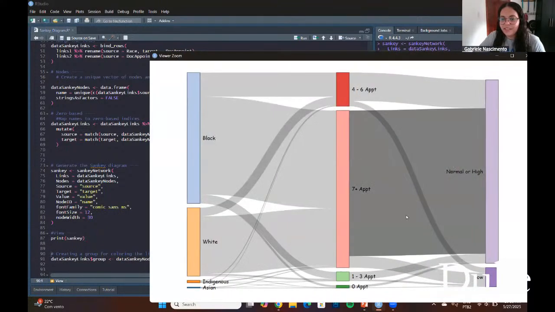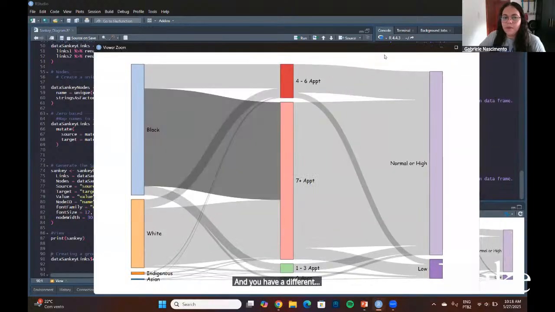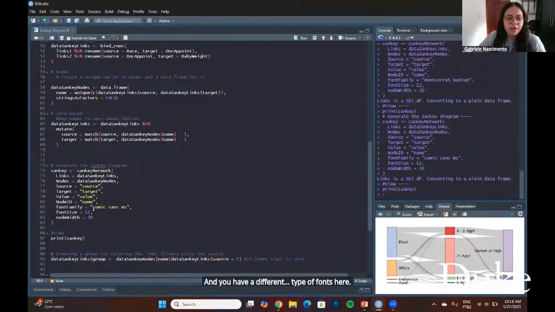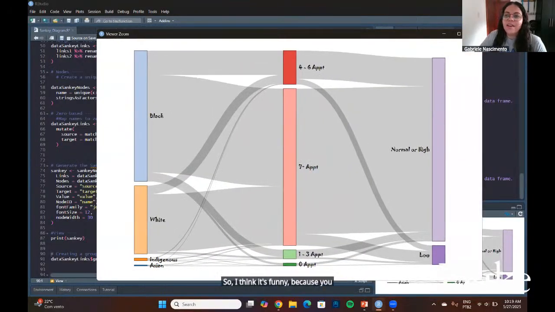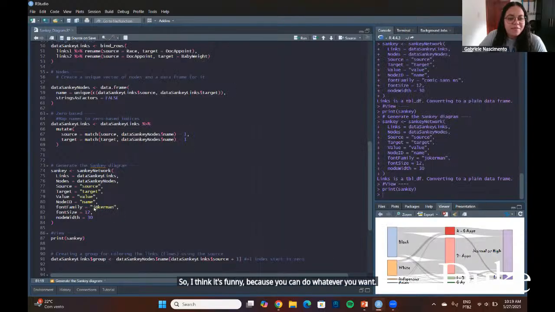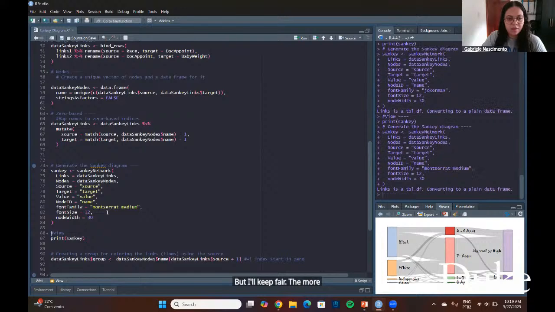And you have a different type of font here. And depending on what you want, you can make it work. So I think it's funny because you can do whatever you want. But I will keep it the more serious.